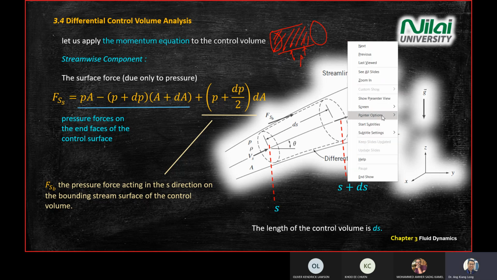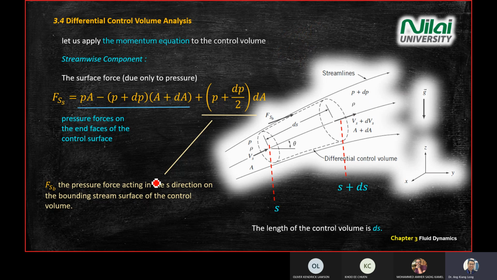It's a little bit different from what we've seen in the previous slides for the momentum and continuity equations, because now we are trying to derive the Bernoulli equation. So again, the first two terms are the pressure force at both ends. Now we have one more force that exists at the bounding surface here.